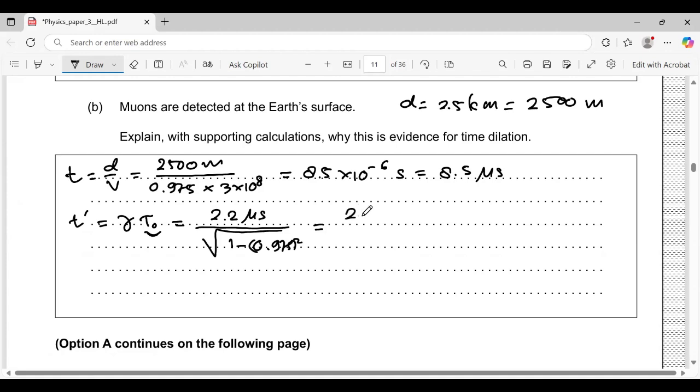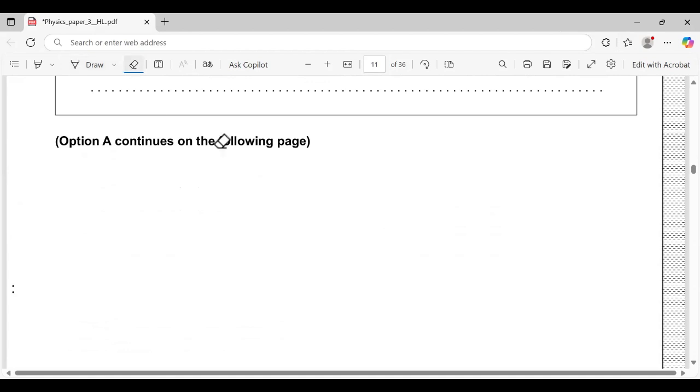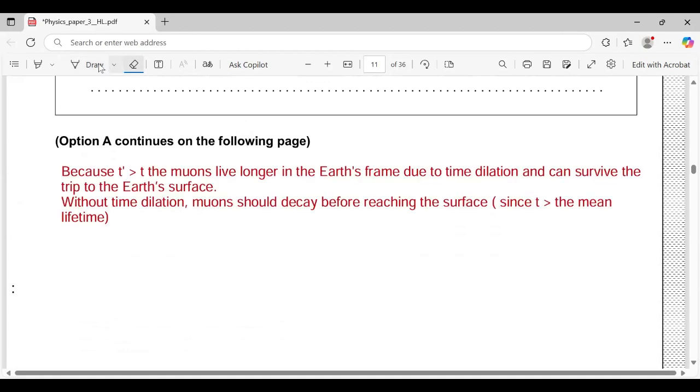So it is 2.2 over the square root of 0.0494, which becomes 2.2 over 0.222, and it is 9.9 microseconds. And for the explanation, I have provided this one here.